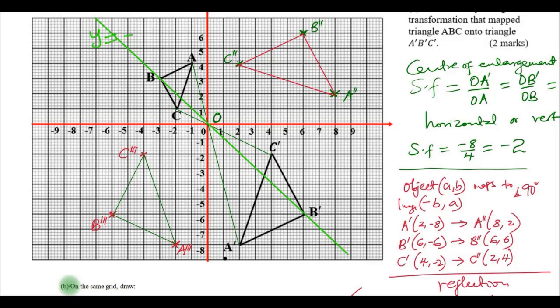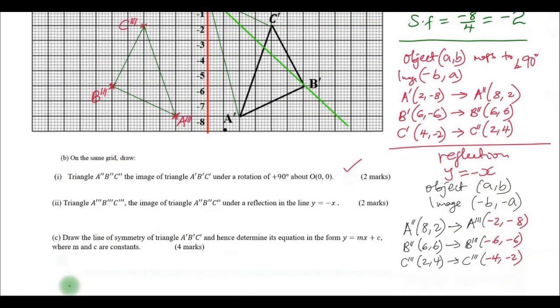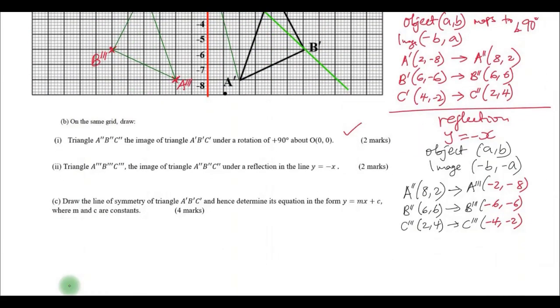Then lastly we draw the line of symmetry of triangle A prime, B prime, C prime, and hence determine its equation in the form y equals mx plus a constant. Fine.